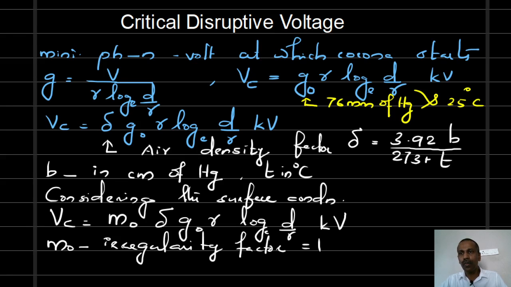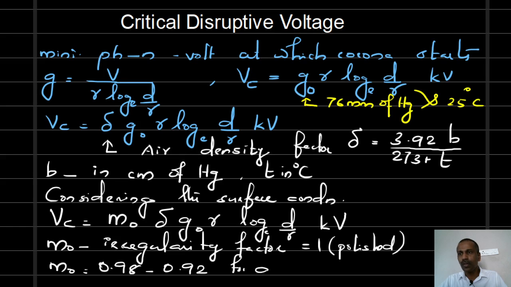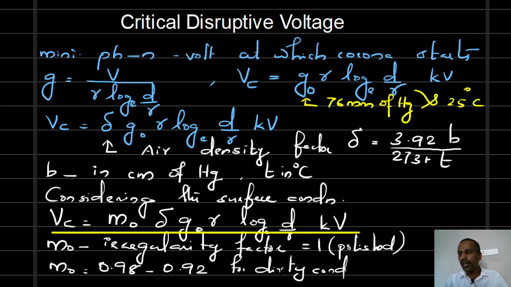This is equal to 1 for a polished conductor, and M0 equals 0.98 to 0.92 for a dirty conductor. So using this formula, we can find out the critical disruptive voltage, Vc equals M0 delta G0 R into log D by R.